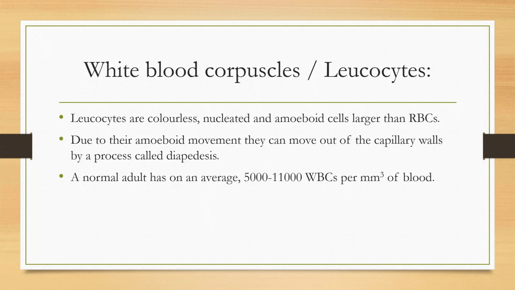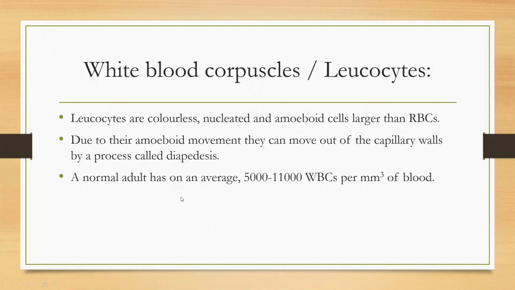So these WBCs can easily squeeze out of the capillary wall. This process where the WBCs come out of the intact capillary walls and directly come in contact with the tissues is called diapedesis.